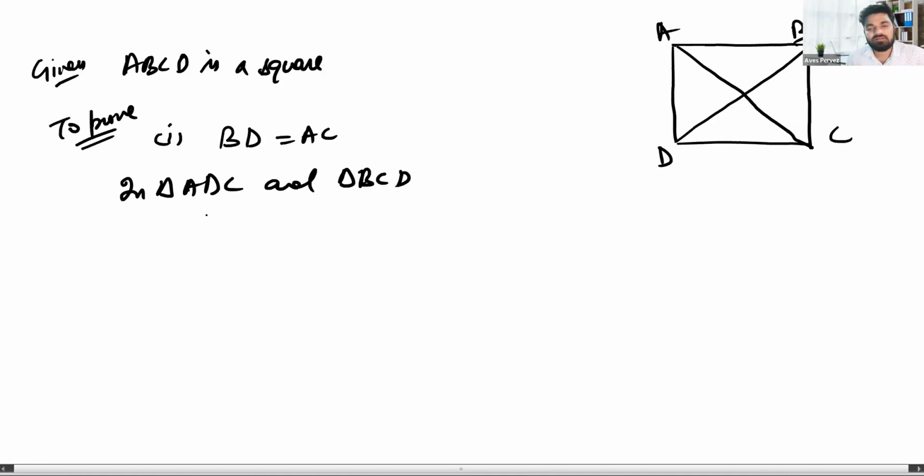AD is equal to BC. Yes, AD is equal to BC. Now Rima needs to tell me why AD is equal to BC. Because ABCD is a parallelogram. No, it is a square. All sides are equal, it is given. So opposite sides are also equal in a square. Since all sides are equal, AD will be equal to BC. Okay, the next thing. This is the first thing. Okay, the second.